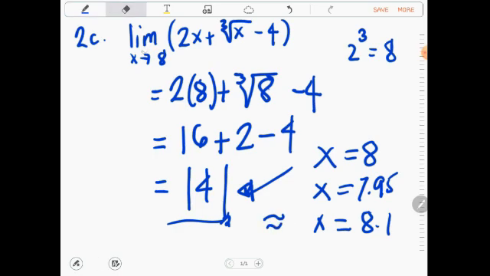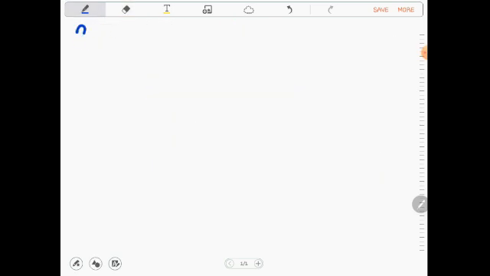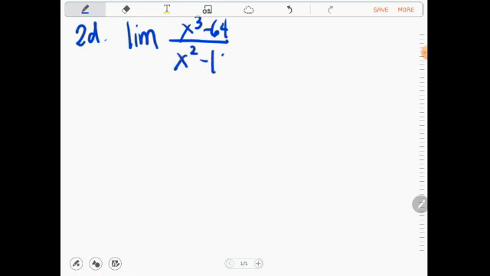Okay? For 2D, we have the limit of x cubed minus 64 all over x squared minus 16 as x approaches to 4. Okay? So alam natin na yung x cubed minus 64 can be simplified into this, a cubed plus b cubed, or simply a cubed minus b cubed. Okay?